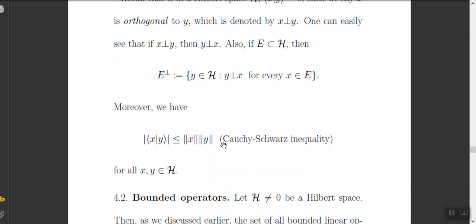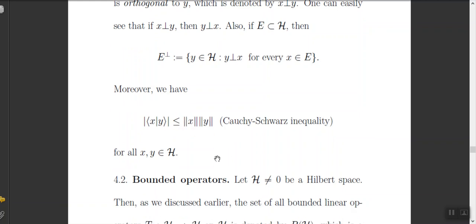And next, of course, on every Hilbert space we have this very well-known inequality, the Cauchy-Schwarz inequality, which says that the absolute value of the inner product of x and y is less than or equal to the norm of x times the norm of y, for every x and y in the Hilbert space H.